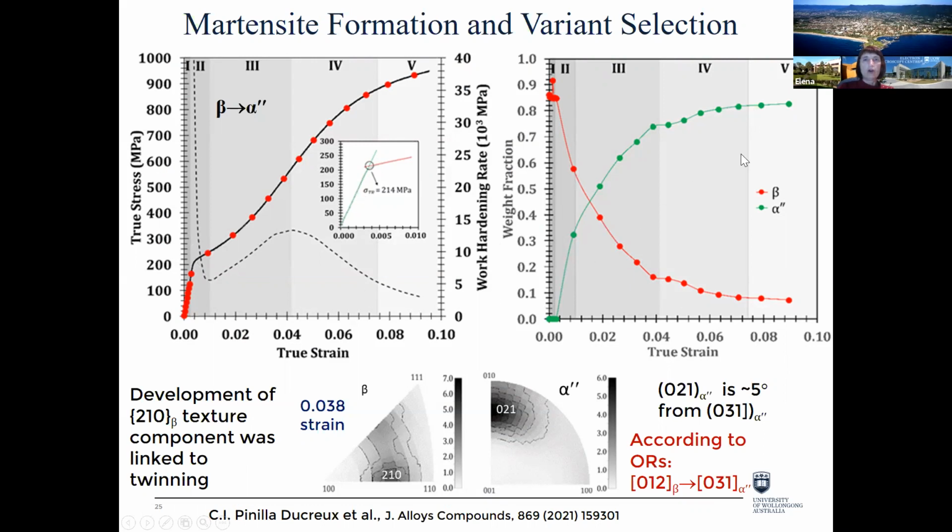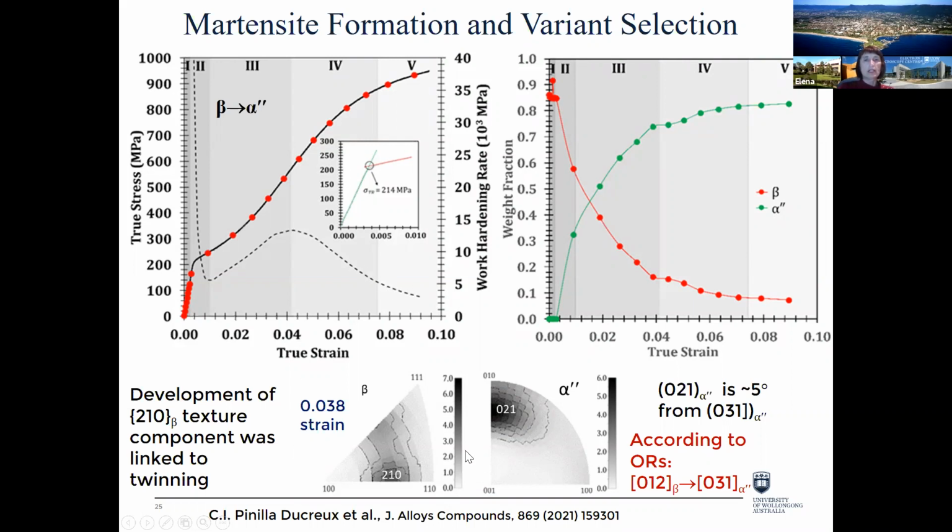The majority of phase transformation from 0 to 70% takes place in the slow rising stress region, which corresponds also to a significant increase in work hardening rate to the peak. And then we have only a small increase in volume fraction of alpha double prime from 70 to 80%, and here we already have a decrease in the rate of work hardening.